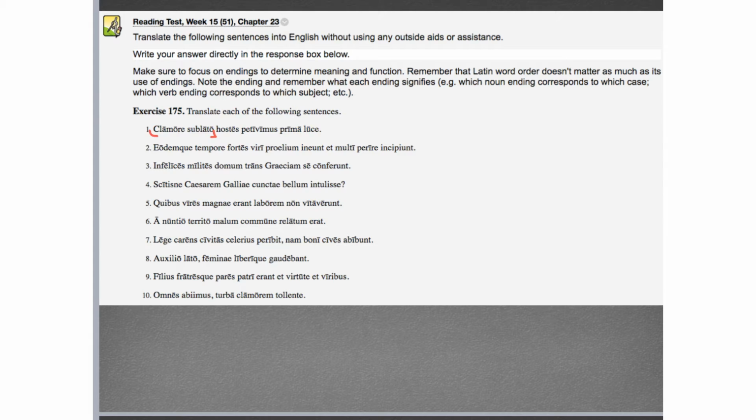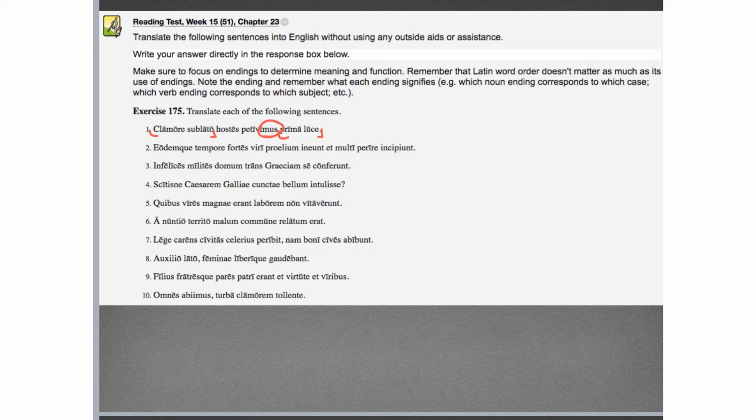Now I look at hostes and I think, oh, first noun, nominative ending, probably my subject. Problem is I have this mus ending on the verb, which means that hostes could be the subject if we are the enemy, but could also now be the accusative with we as subject. I also note that prima luce go together. All right. So when the shout had subsided, when the shouting had subsided, we attacked the enemy at dawn.